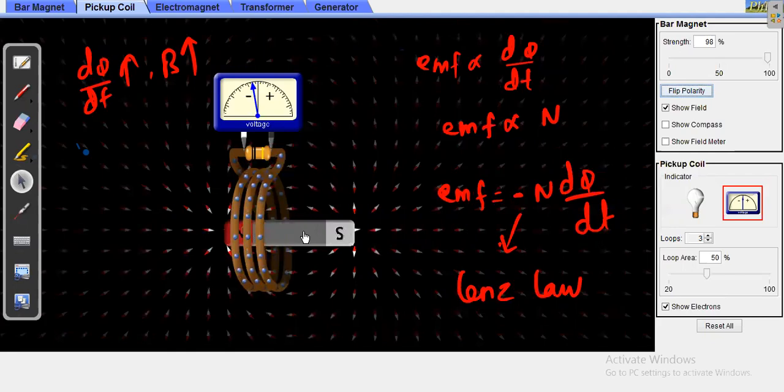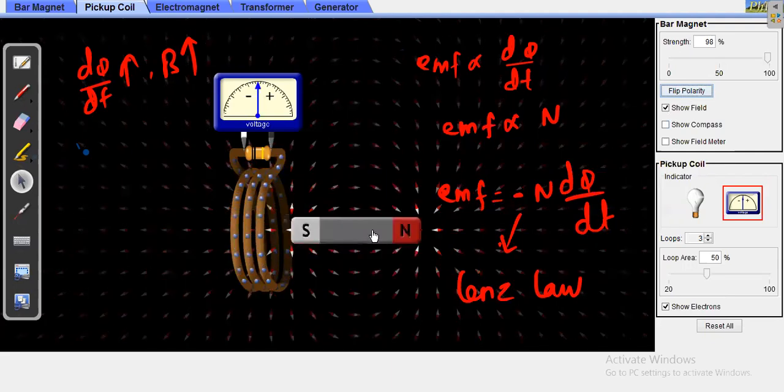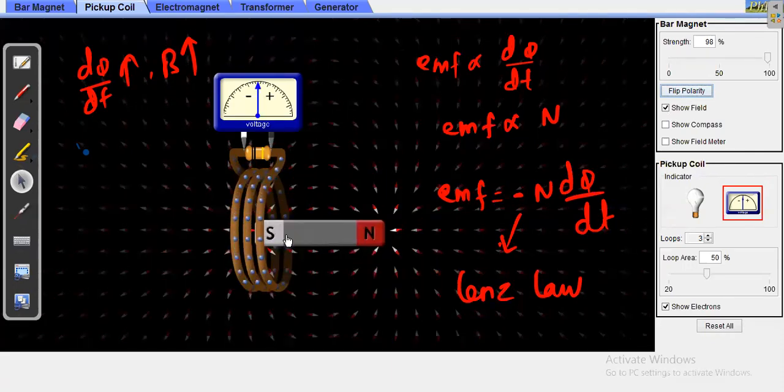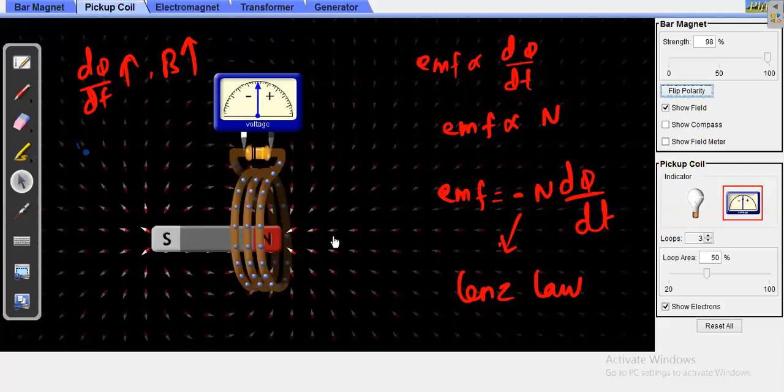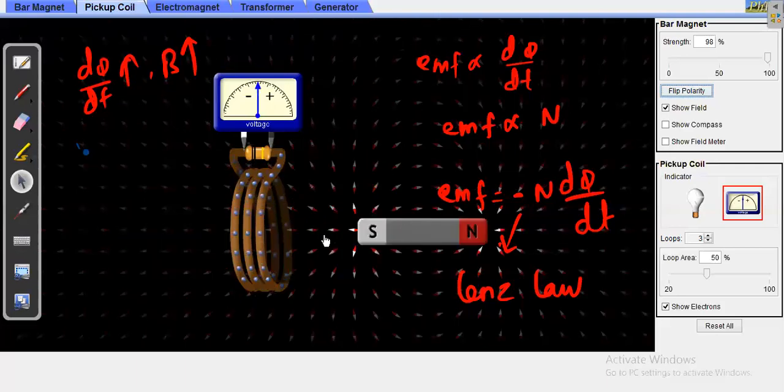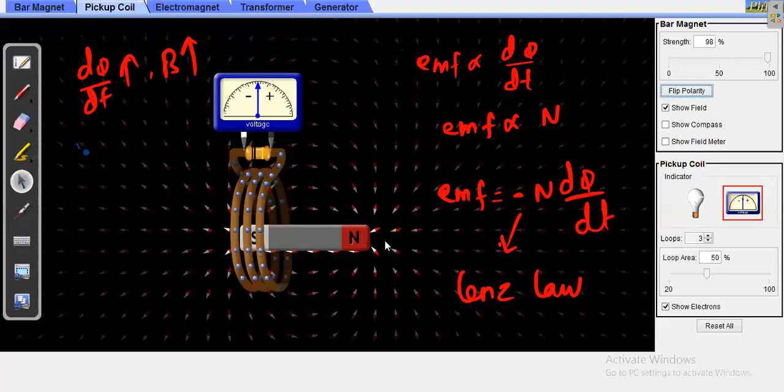Now I flip the polarity, and the electrons are going downwards. So what is happening when I reverse the magnetic field?